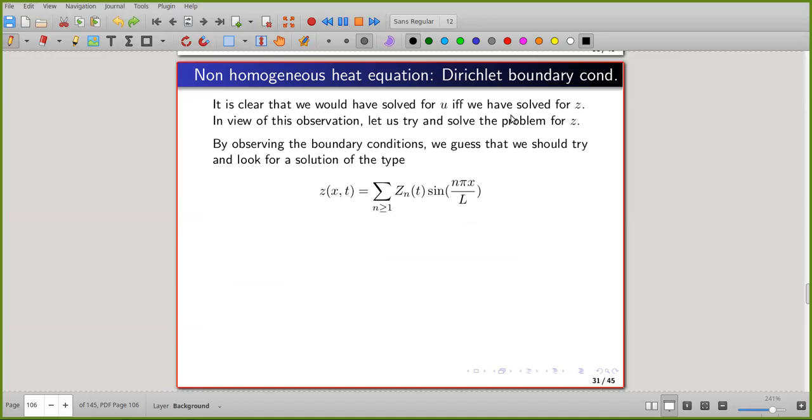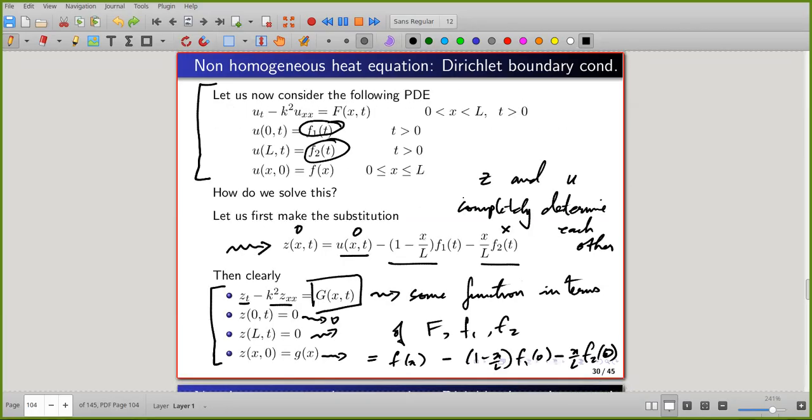So by observing the boundary conditions, we guess that we should try and look for a solution of the type z(x,t), a bit like our separation of variables, equal to the sum of z_n(t) times sine(n pi x/L). So by the boundary conditions, we are looking at these two conditions.